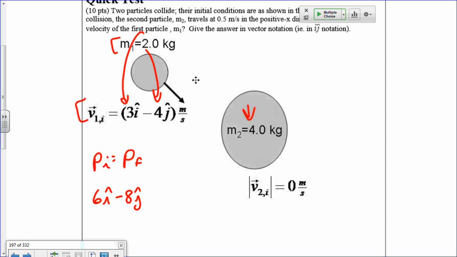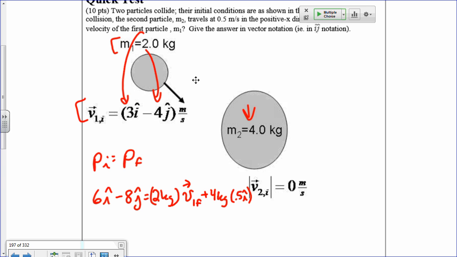So that's my initial momentum of the system, and it's going to equal the momentum of object number 1. That's 2 kilograms, the mass, times the final velocity of object 1, which I don't know, that's v1f, plus 4 kilograms times the final velocity of particle 2, which is 0.5i.